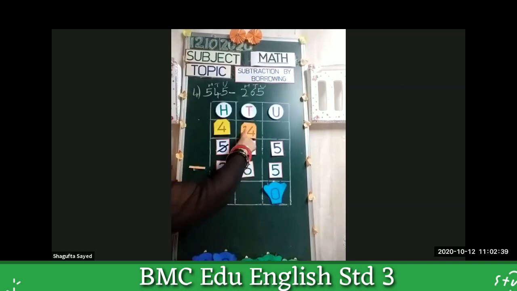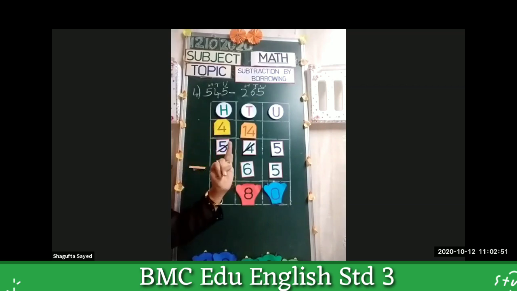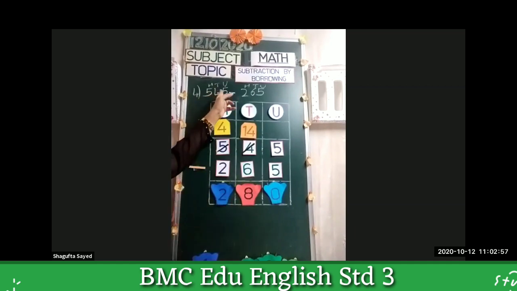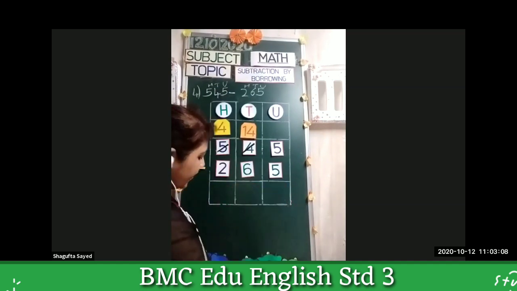So 14 minus 6 is 8. That's good. 4 minus 2, we can minus easily. 4 minus 2, so everyone knows this? Yes, 2. So the answer we got is 545 minus 265 is equal to 280. That's very good. We'll move to the next sum.